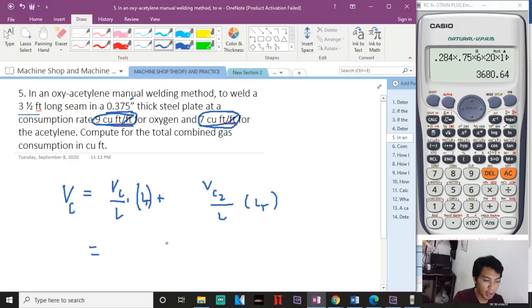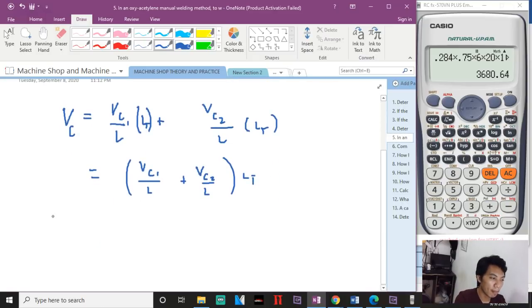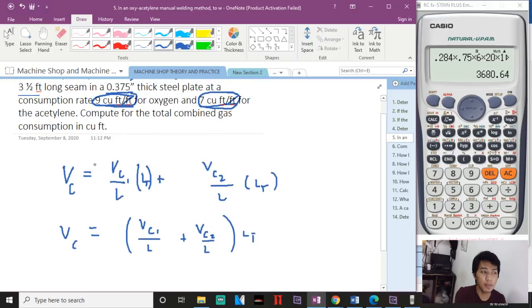So, volume consumption ni 1 over L plus volume consumption ni 2 over L, i-multiply mo agad nung length na given. Length total. Okay? For cancellation of units. Okay, hindi ako nag-isip ng formula. Ang inisip ko lang, ano yung maka-cancel nating unit.